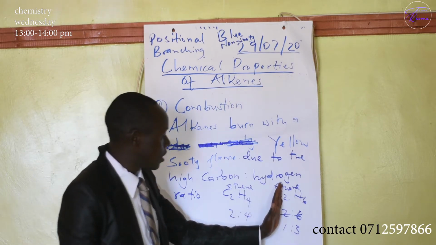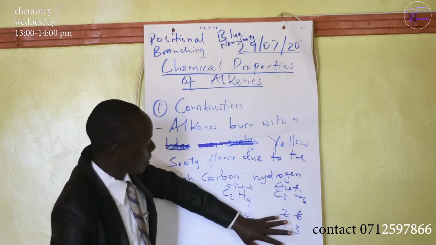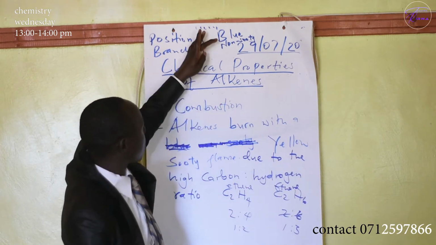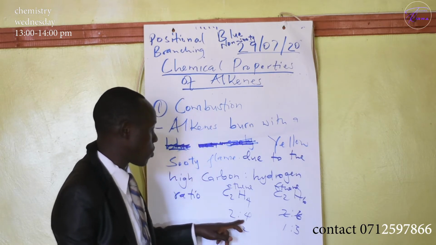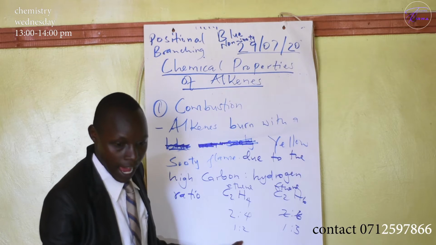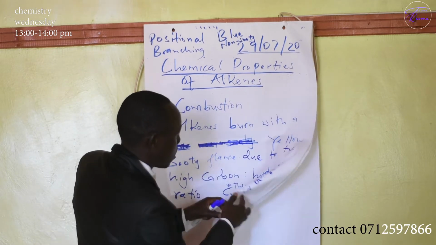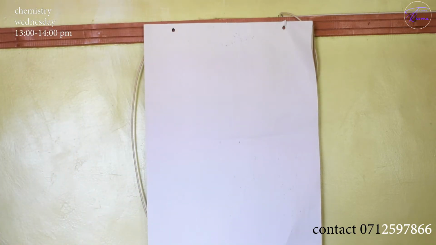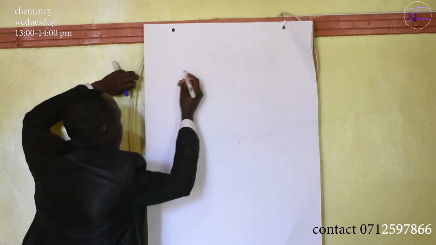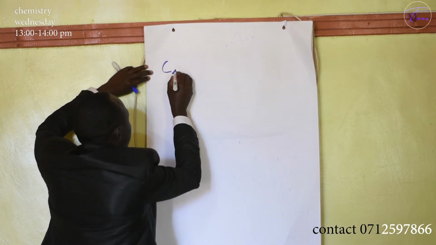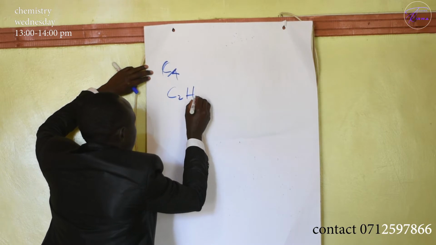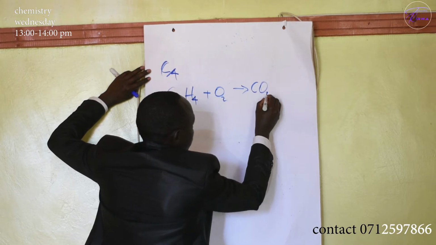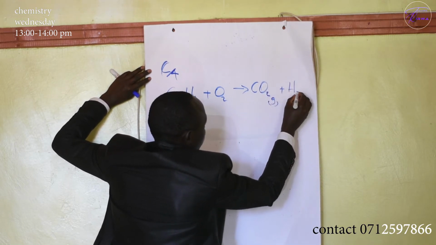So alkanes burn with a blue non-sooty flame, and alkenes burn with a yellow sooty flame because the carbon hydrogen ratio is high. So that is what we can say about alkene combustion. If we have ethene, C2H4 burns in oxygen to form carbon dioxide gas and water.